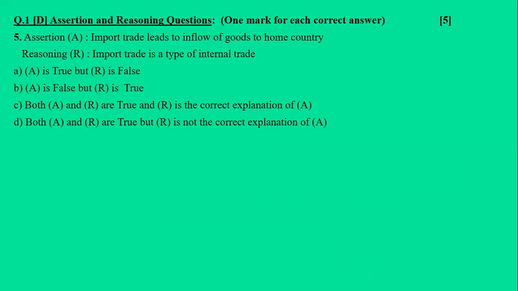C, both A and R are true, and R is the correct explanation of A. And D, both A and R are true, but R is not the correct explanation of A. What is the answer here? A, that A is true, but R is false. Exactly. Import trade leads to inflow of goods to the home country, very true. But import trade is a type of internal trade is false.